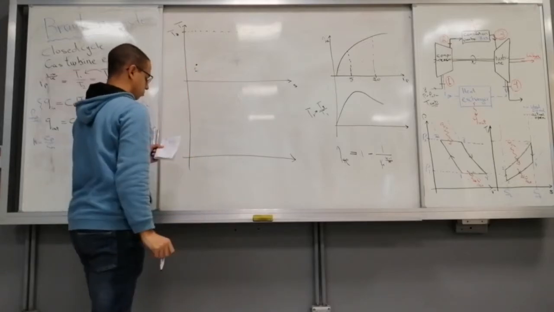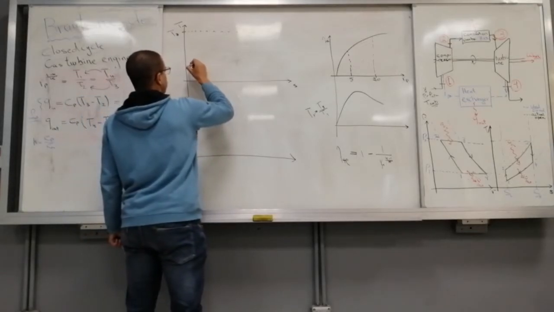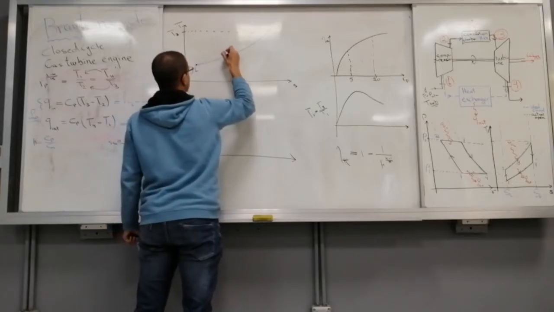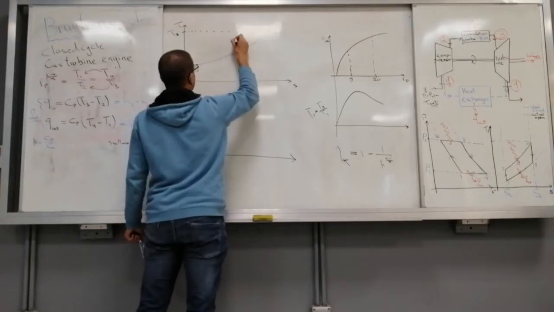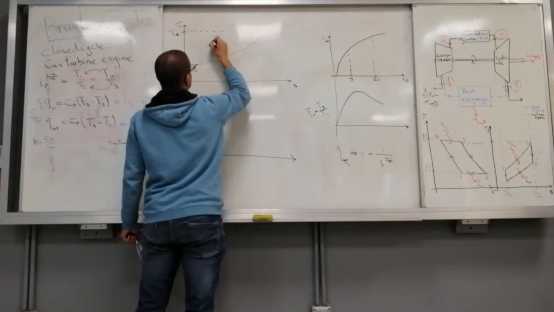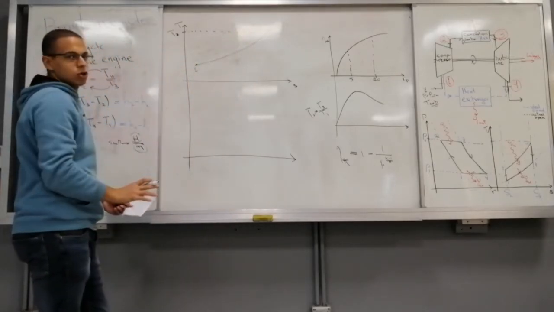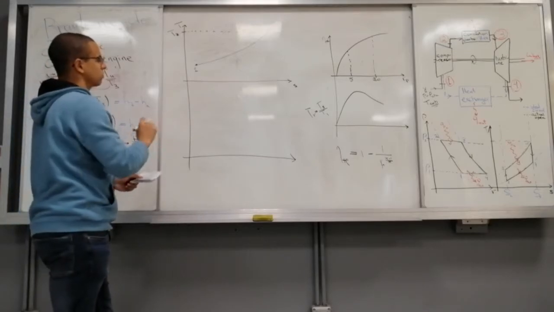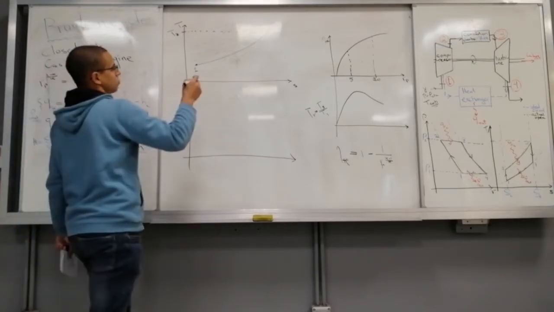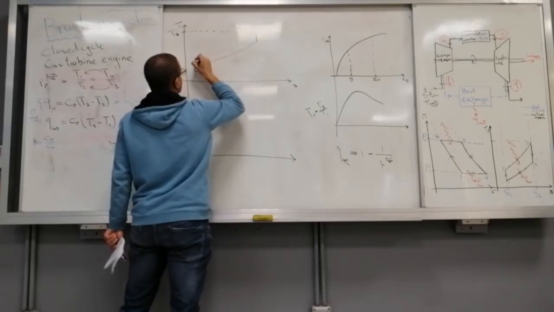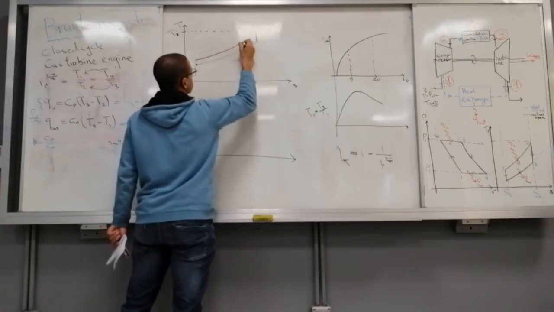is 1. I have to draw some constant pressure lines to work between. Assume that those are almost constant pressure. This is not to scale, and this drawing is also just for illustration. So if I'm working between these two, my cycle would look like something like this.